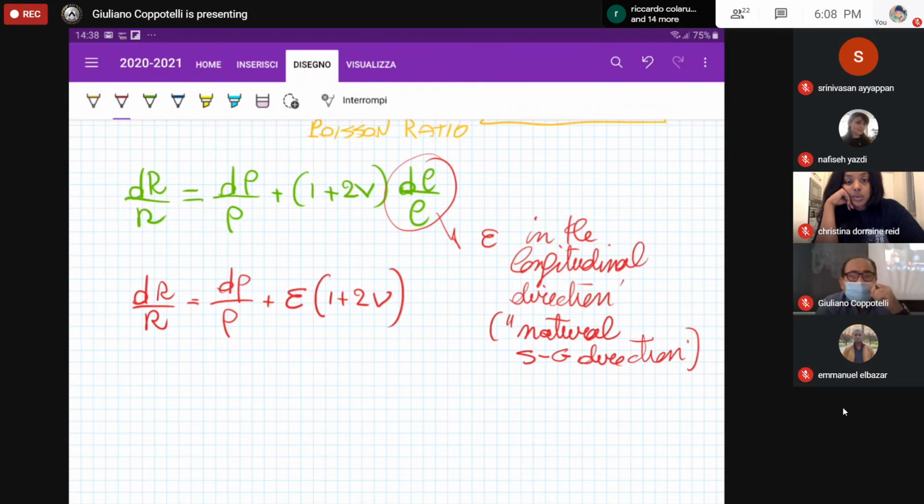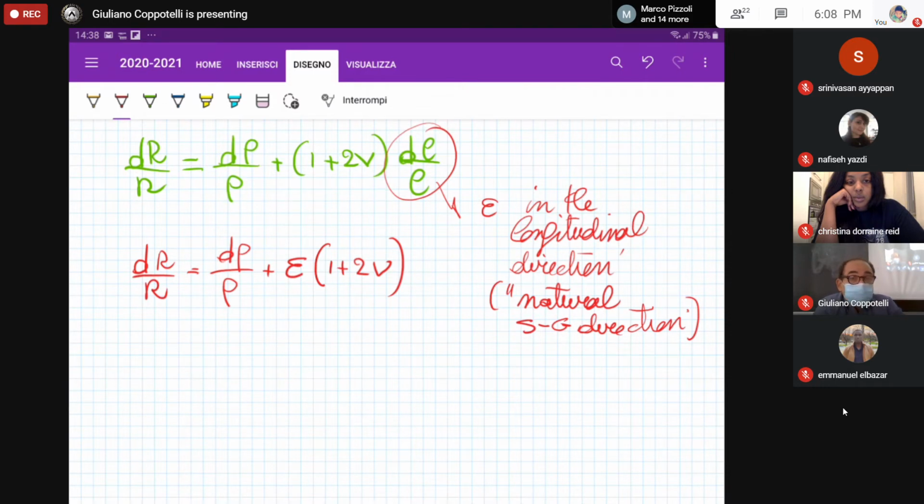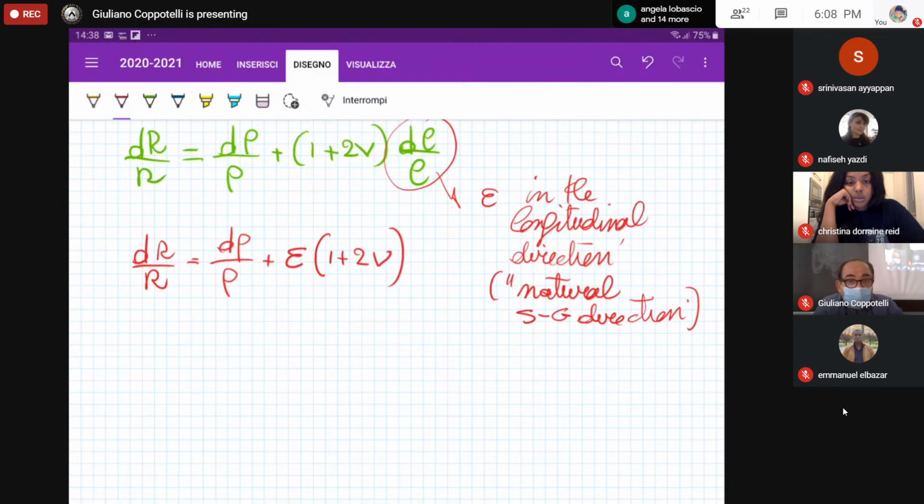Now, from the theoretical point of view, this equation is very interesting. Why? Because we can link the change of resistance in a wire perfectly bonded in a structure to the strain that this structure is having, and to the change of resistivity because of the change of the shape of this wire, always thanks to the fact that we are exciting the structure with external load and the structure is reacting with a strain.